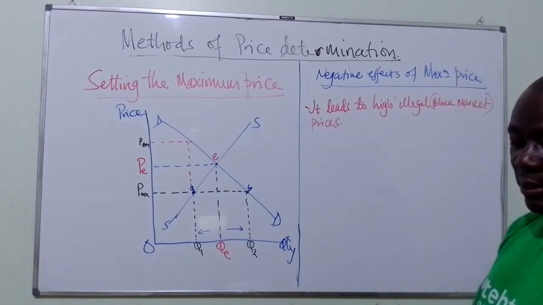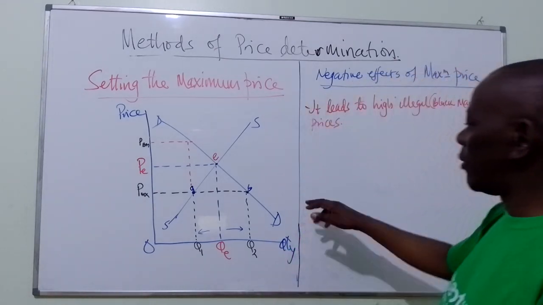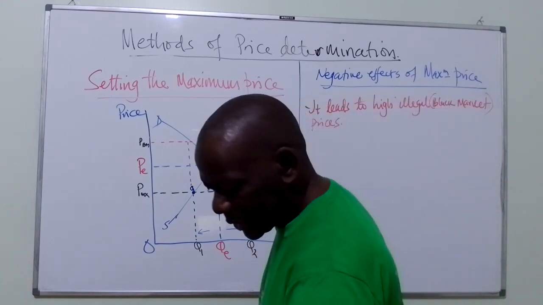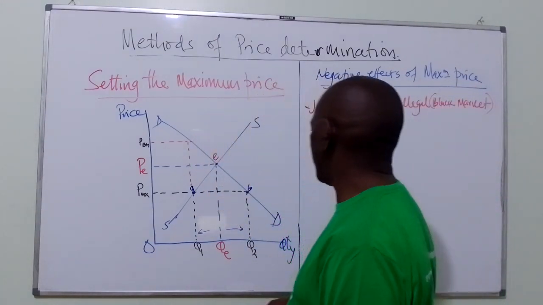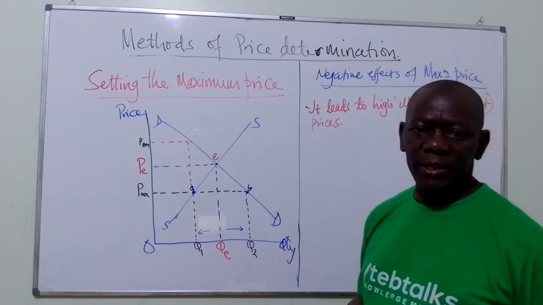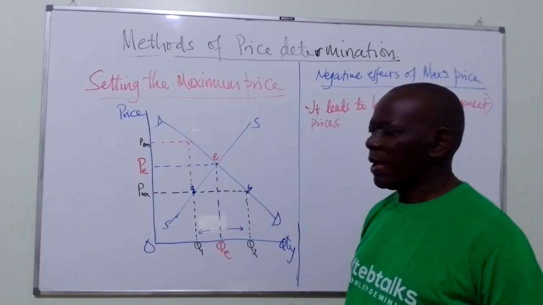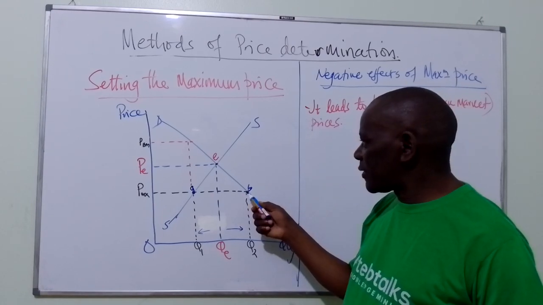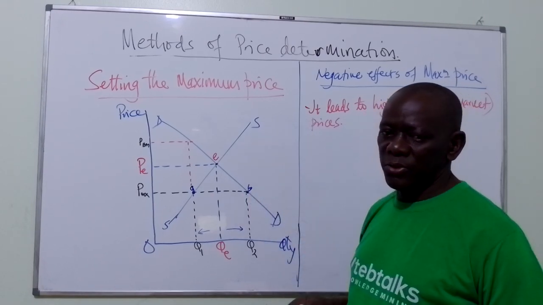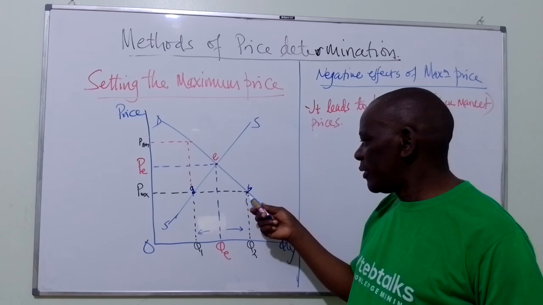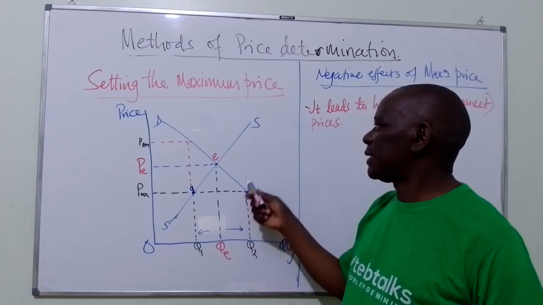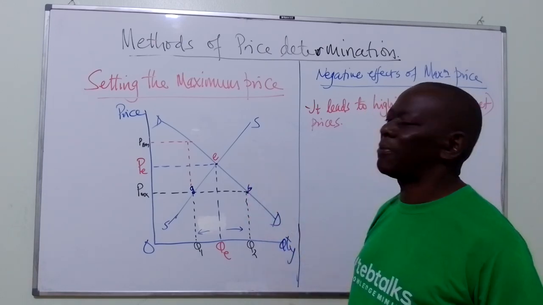And when we say the black market, now these commodities, essentially this is supposed to be the demand after the lower price has been declared. The demand comes here. But now, at this price, the suppliers, those who are selling the commodities, are not willing to supply at this price. They will not increase the supply.